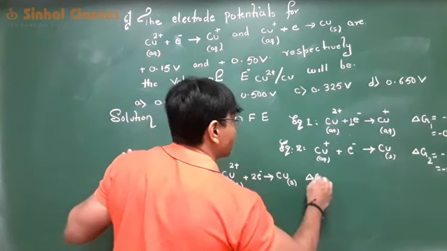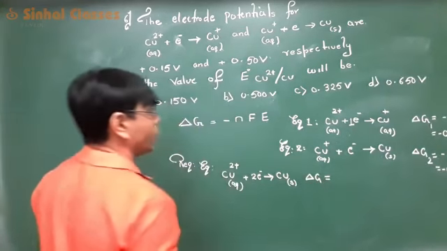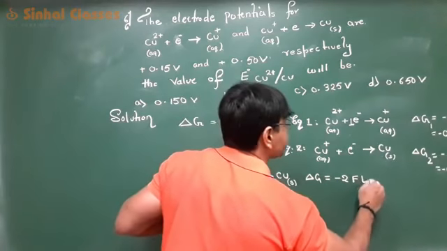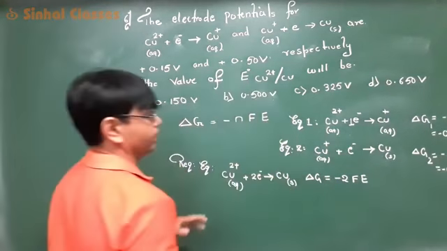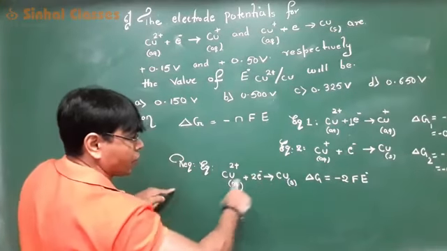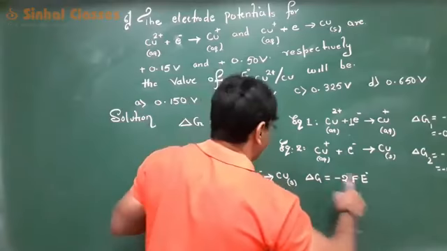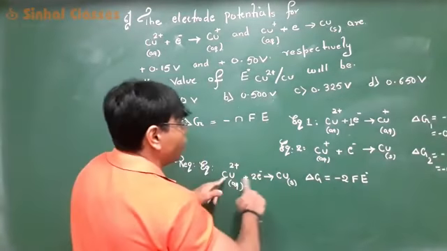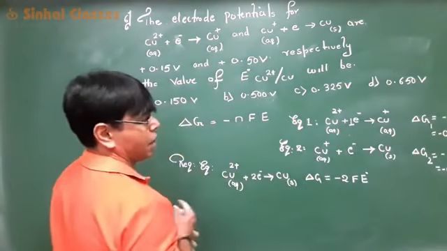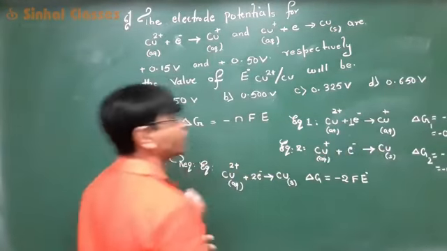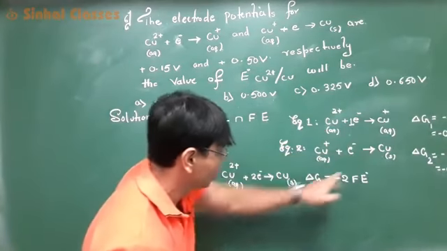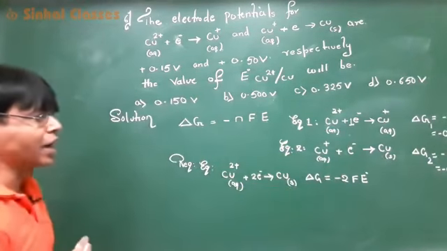For this, delta G will be equal to minus 2F into E, and I want the electrode potential value for this equation. How will you get this equation? If you see very carefully, if you add equation 1 and equation 2, you will get the required equation.